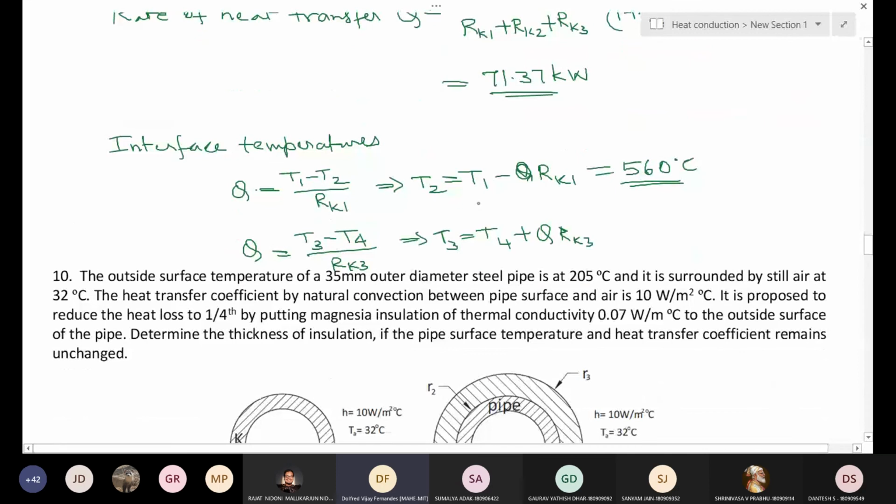The temperatures are given in degree centigrade itself, so no problem. And what is the T3? 61.4. Okay.